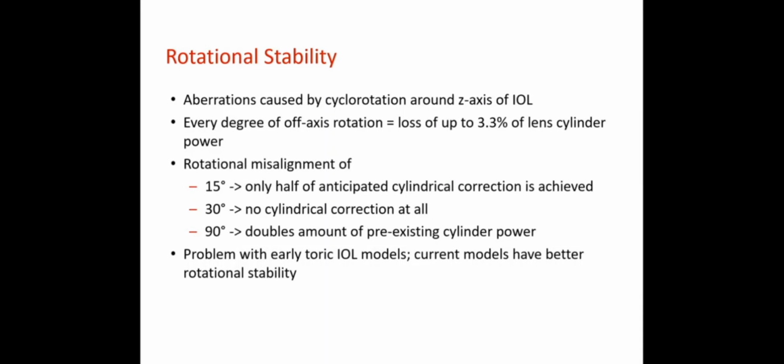Cindy's just typed one in. If the surgeon wants to set a cutoff to decide whether this patient needs a toric lens, should we look at delta K or TK? I think it would be better to look at TK.